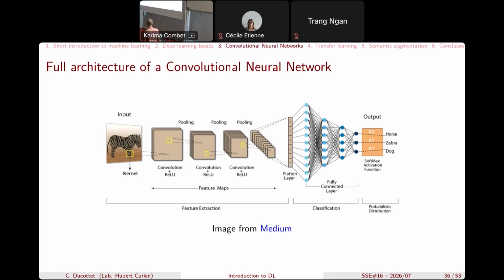So is it, for example, the head of an animal? Is it an ear? Is it an eye? Is it something else? The more we go inside the network, the more we go into semantic information. This first part is what is called the feature extraction part of the network.